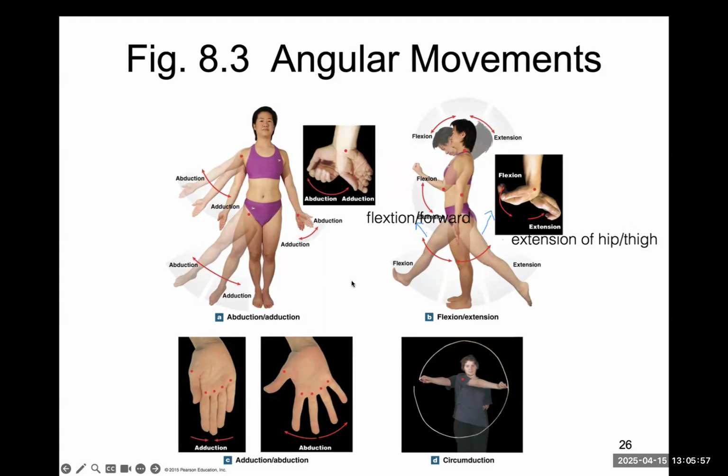Then if you're going to do the same thing with the knee, if you were to kick your lower leg up, that's flexion. And if you were going backwards, then that's going to be extension. It's opposite for the hip and thigh.